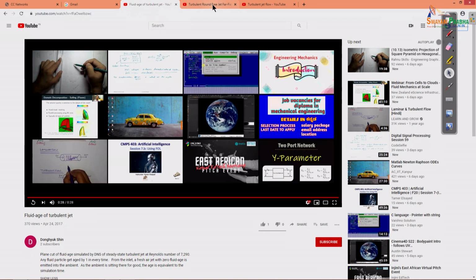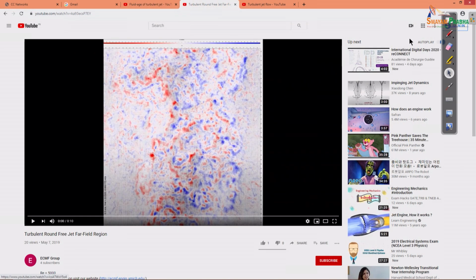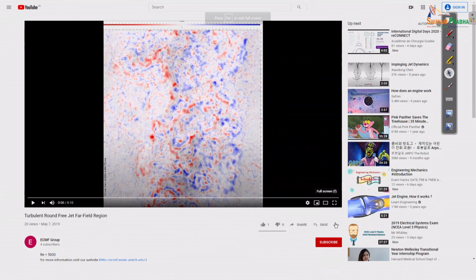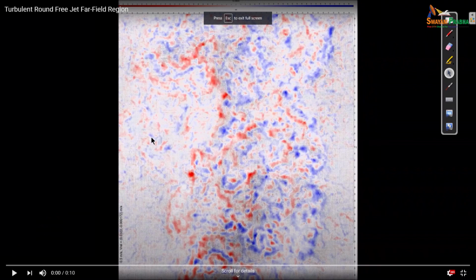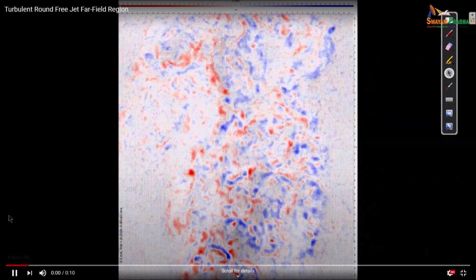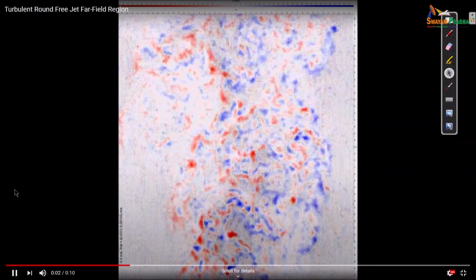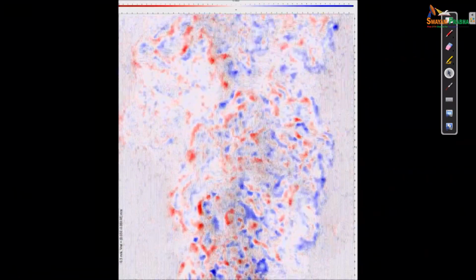So that's the kind of thing that we have here. This is a picture that we have which is farther down, and this is the kind of flow structure it looks like.